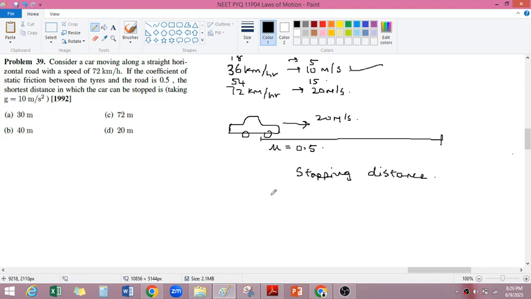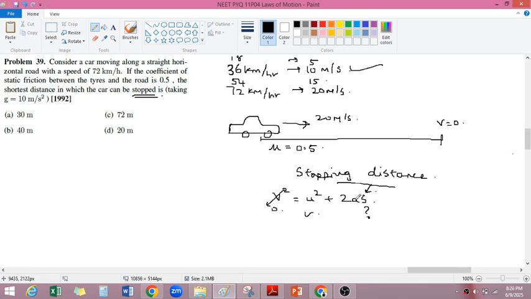I think we studied something like v squared is equal to u squared plus 2as. Finally, the car has to come to a stop, so v is 0. Initial velocity is given. Distance is what is asked, the stopping distance, right?